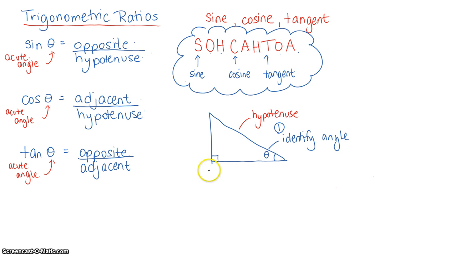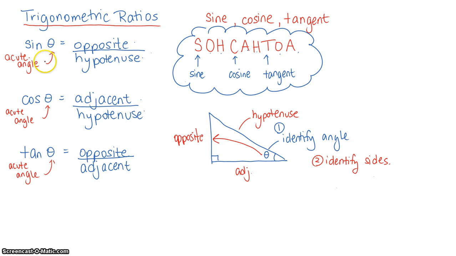It's opposite the 90-degree angle. Then you need to identify which one is your opposite side. And which one is your adjacent side. So you need to identify those three things as your second step. Identify your sides after you've identified your acute angle.